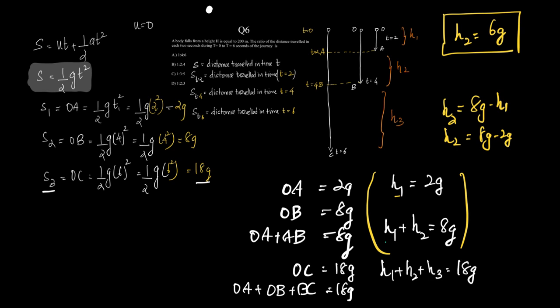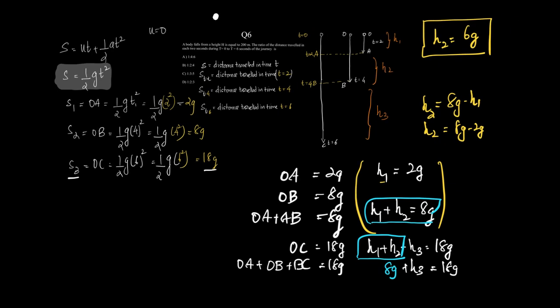But H1 plus H2 is equal to 8g. So we can replace H1 plus H2 here by 8g. So we have 8g plus H3 is equal to 18g. In which case, what is the value of H3? H3 will be equal to 18g minus 8g, which is 10g. So H1 is 2g, right?